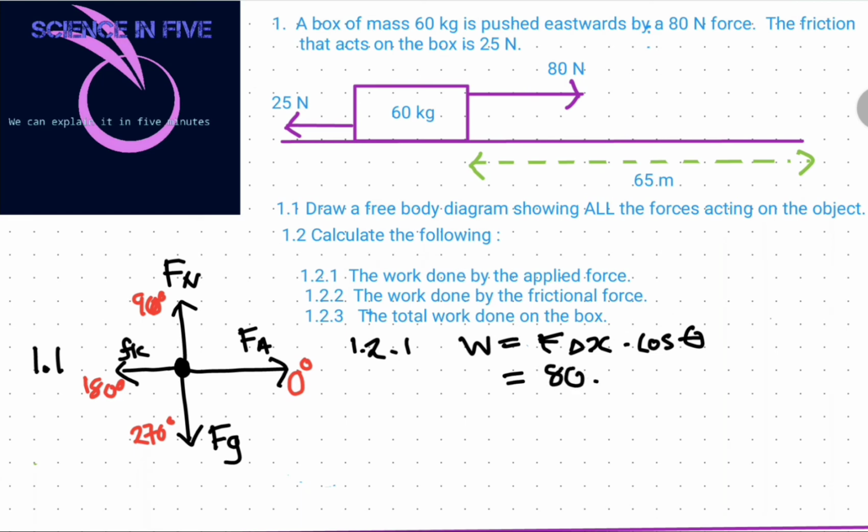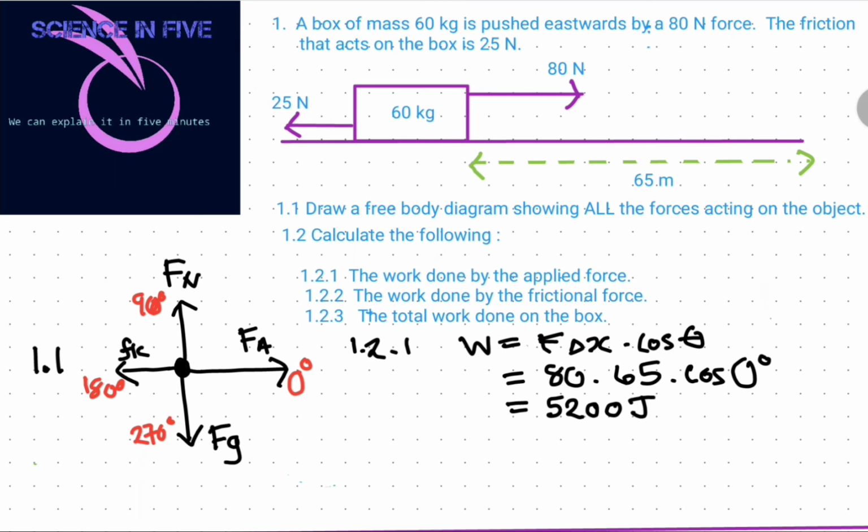The displacement is 65. The angle is 0 degrees. Now, you're going to use a calculator. 80 times 65, the cos of 0 is 1. So this gives me 5,200 joules.